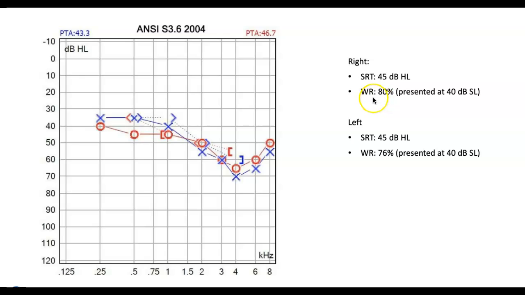Word recognition scores were 80% presented at 40 dB SL, 76% presented at 40 dB SL. So kind of fair word recognition scores, sensory neural hearing loss bilaterally. Pure tone average in good agreement.